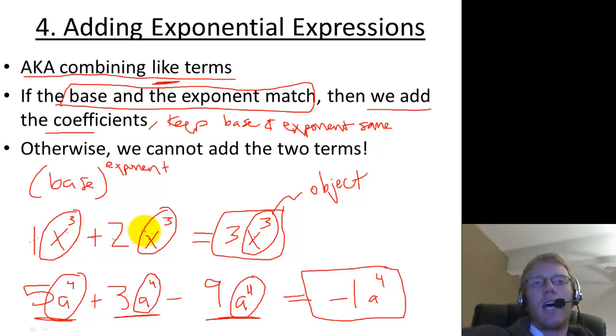So it's staying exactly the same, and you're just adding and seeing how many of them you have. Maybe a to the fourth is an apple. 5 apples plus 3 apples minus 9 apples equals negative 1 apple. Now, the shape of my apple is a to the fourth. That's okay. But that's a good, easy way to think about them.